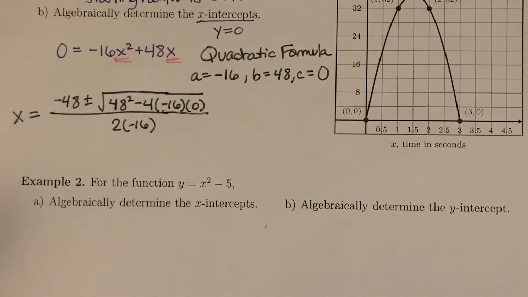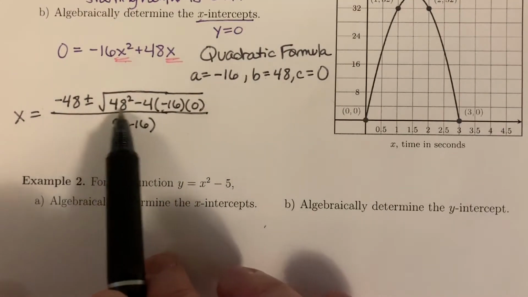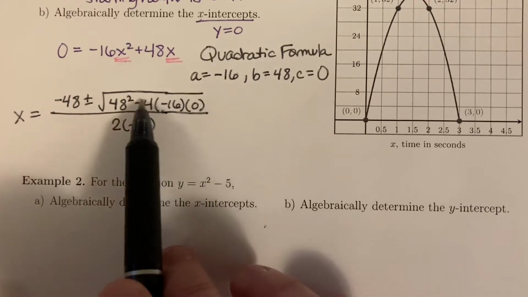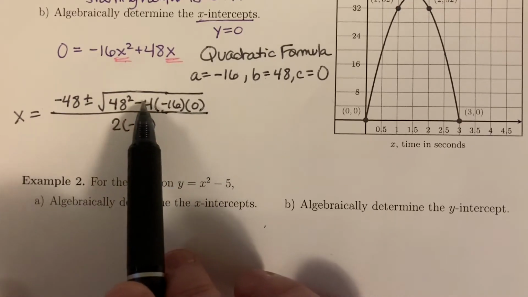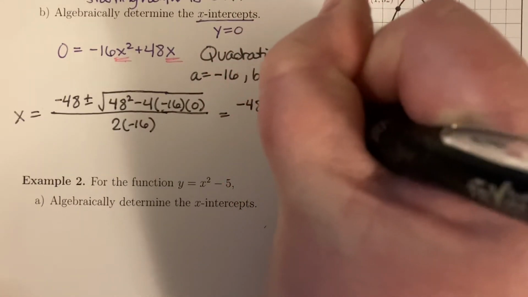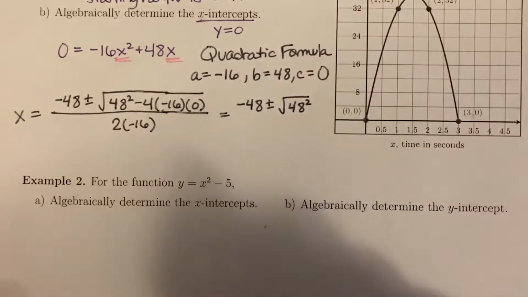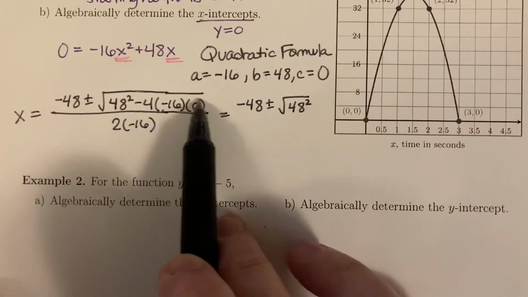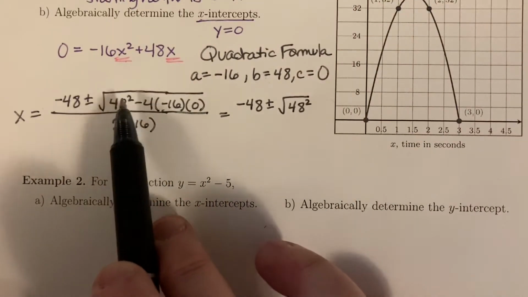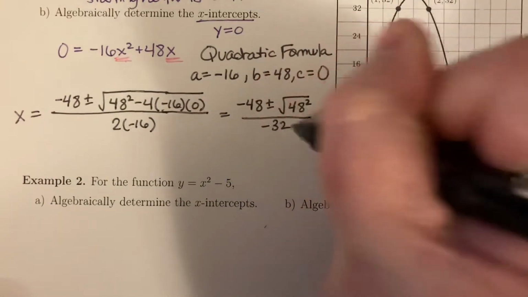Now, normally I would say, oh, we'll stick what's under that square root inside the calculator. But this one, since I'm multiplying by 0, this whole piece goes away. And you can, of course, still use a calculator. I'm just showing that this one actually doesn't need it. Because once this part is 0, you just end up with the square root of 48 squared over negative 32 still.